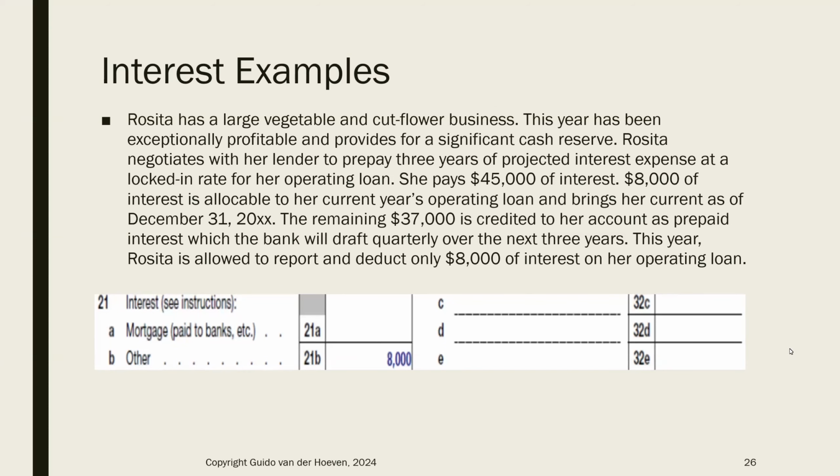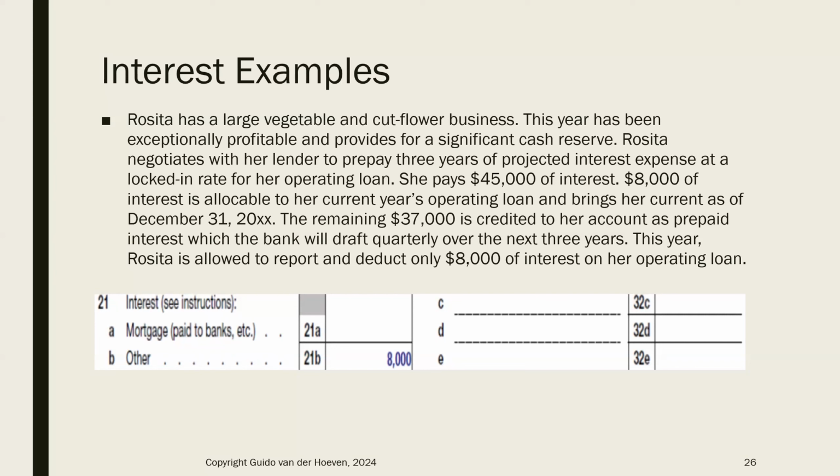Now here's another one. You got Rosita, who's got a large vegetable business. Now, one of the things that she's done is she negotiates with her lender to prepay 3 years of projected interest at a very favorable locked-in rate. She pays $45,000 worth of interest. $8,000 of interest is going to be allocable to the current year's operating loan and brings her current as of December 31 of the current year.